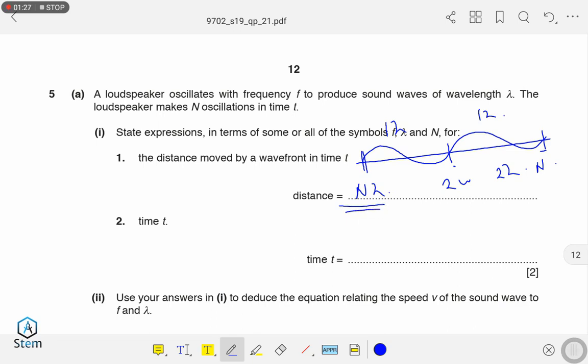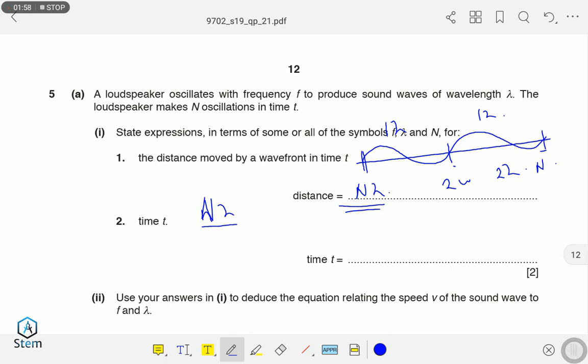All right, let's look at the expression for time t. Time is equal to distance over speed. So the distance that has been moved is n lambda, and the time to move that distance is equal to distance over speed.